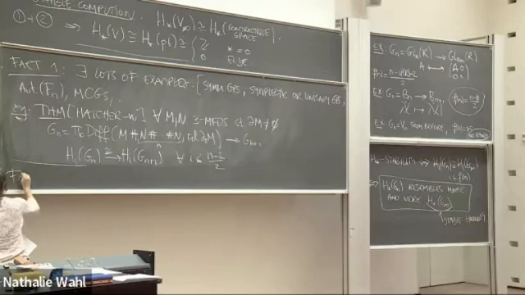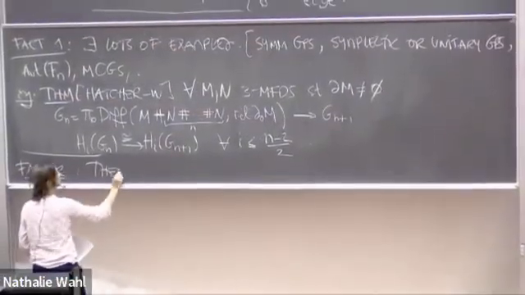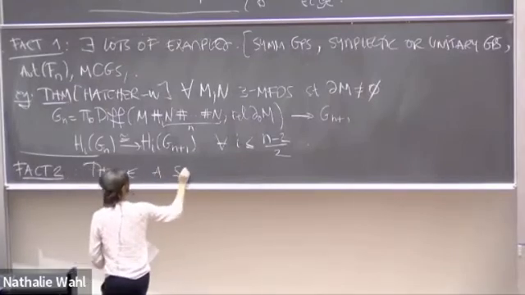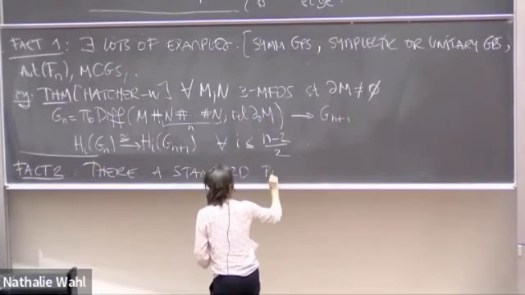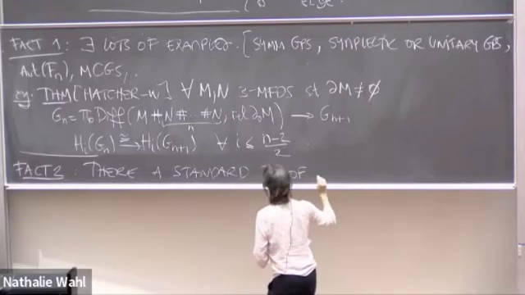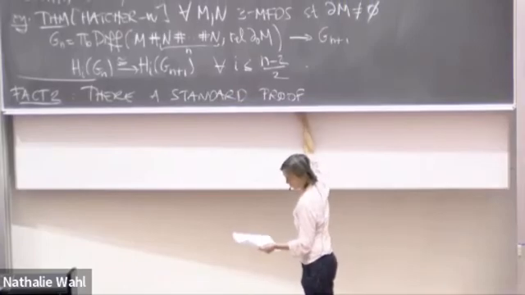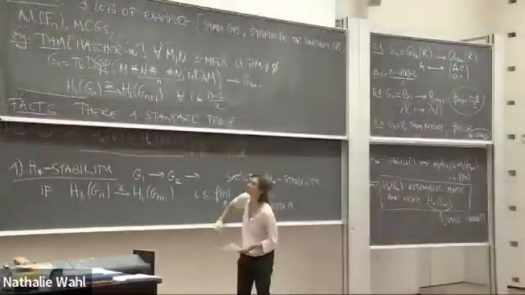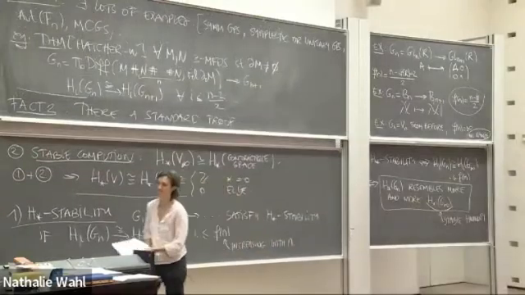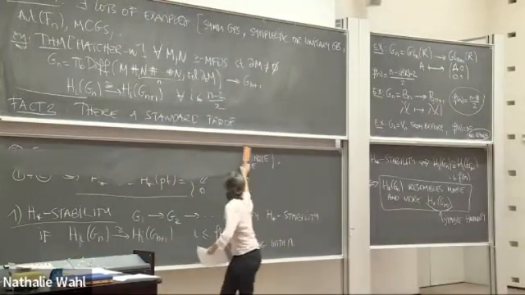Here's the second fact. Fact number 2 is that there is a standard proof. So if you want to prove stability, there's a standard way to go, which is good news.